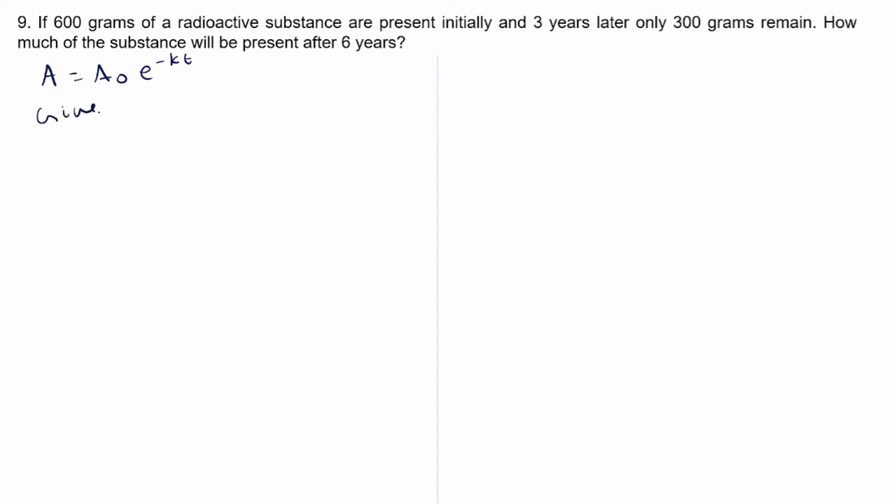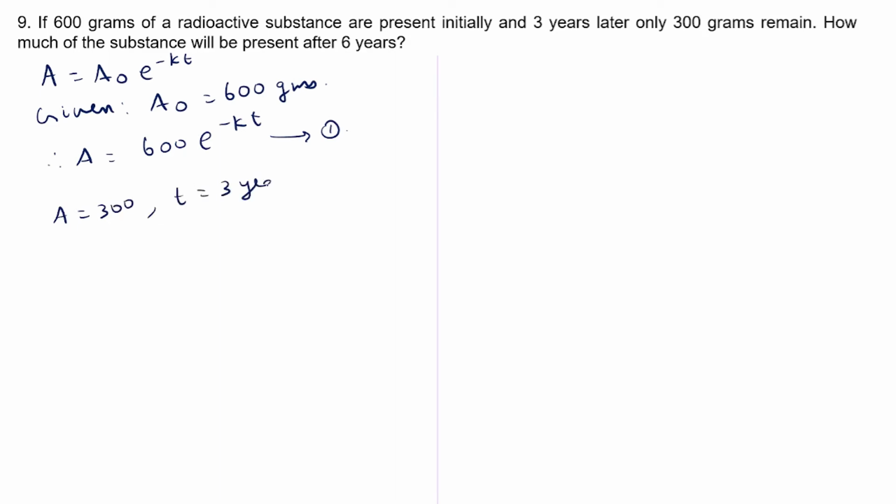So here A naught is given. A naught equal to 600 grams. Therefore, the model is A is equal to 600 into e raised to minus kt. And then the next information is 3 years later 300 grams remain. So A equal to 300 and t equal to 3 years.